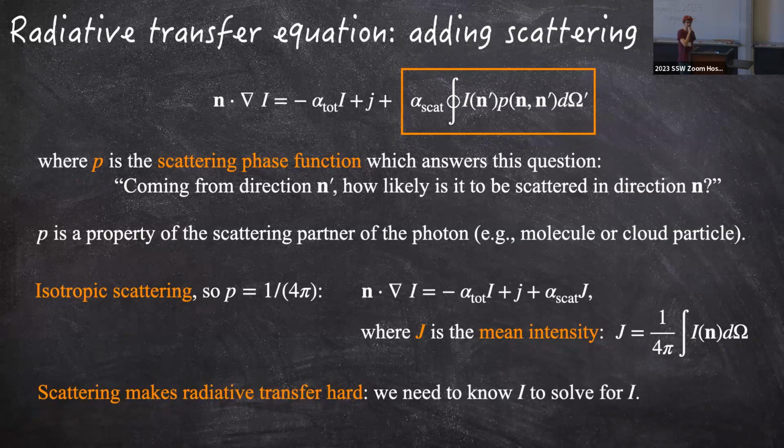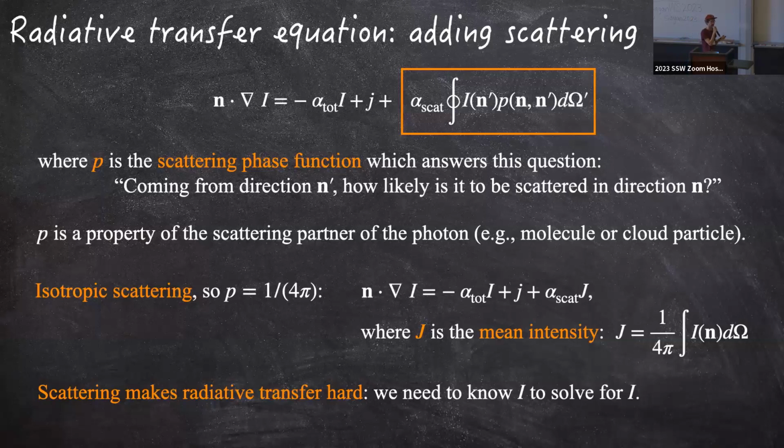This actually is what makes radiative transfer so hard. If you look at this equation up here, you want to integrate this to solve for I. But if you want to do this, you also already have to know the intensity at a certain location coming in from all the other directions. And in order to solve for the intensity coming in from all the other directions, you have to have integrated them as well up to this point. So you kind of have to know the solution before you begin.